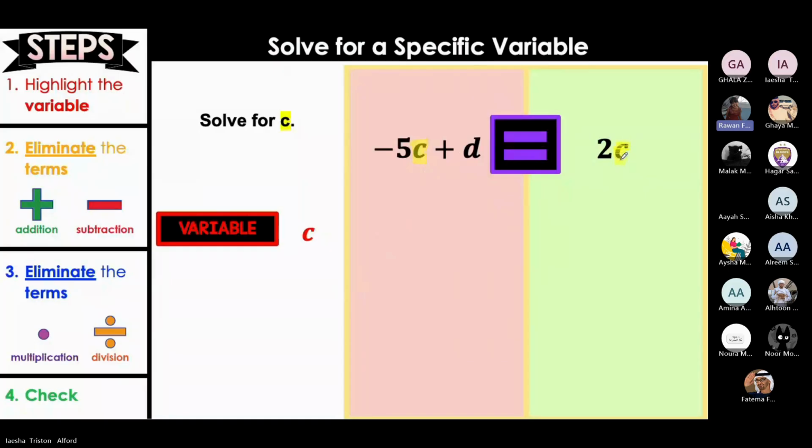Subtract d both sides. But wait, before that, we have two c's. I have two variables with c. Subtract the -1. I want +5 both sides.